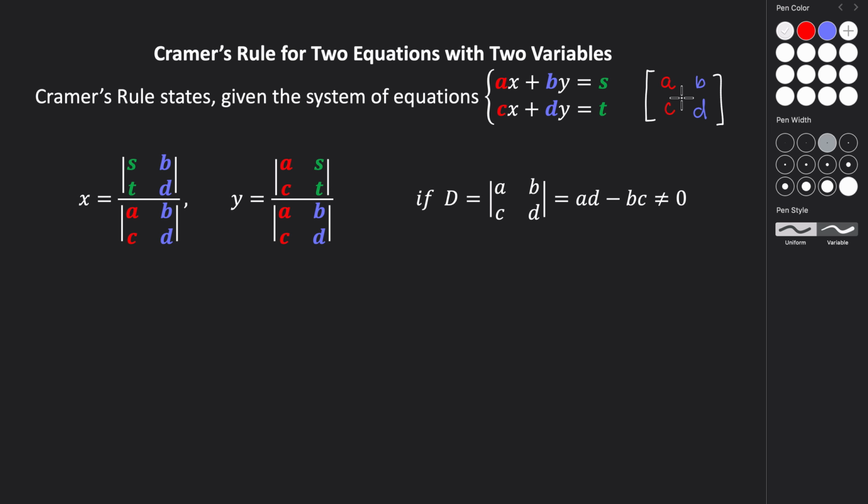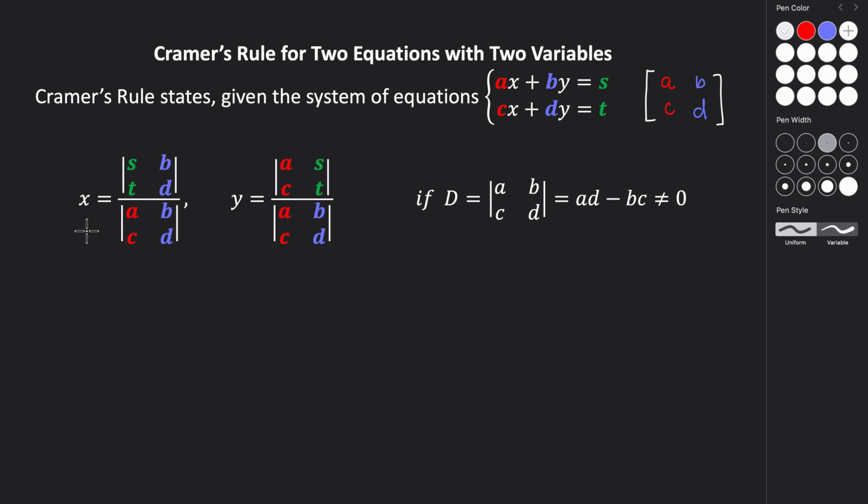So how do we use this to help us solve a system of equations? Cramer's rule states that to find the x coordinate of your system's solution, you take the determinant of the coefficient matrix in the denominator, and then in the numerator, we take the determinant of the coefficient matrix in a slightly modified way.